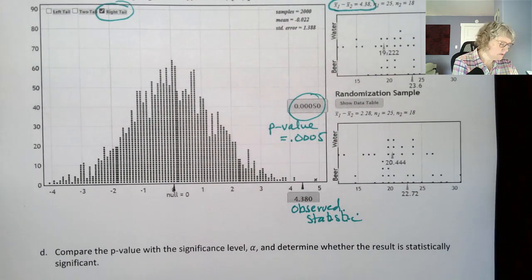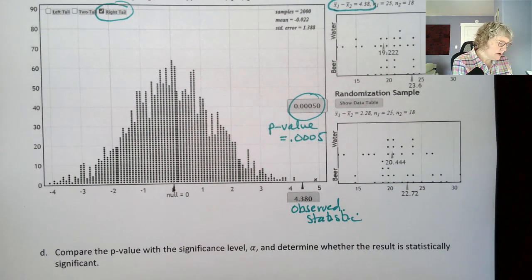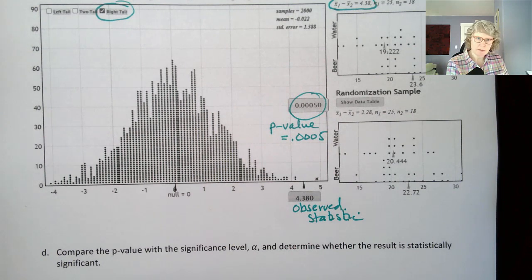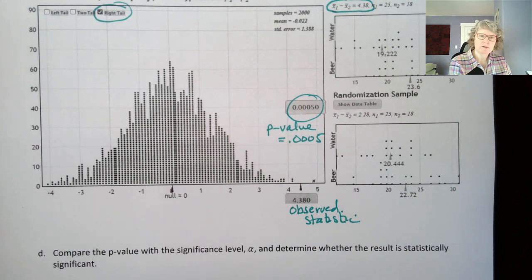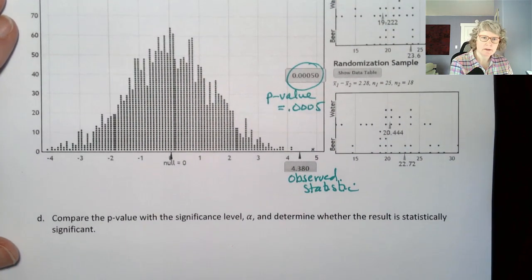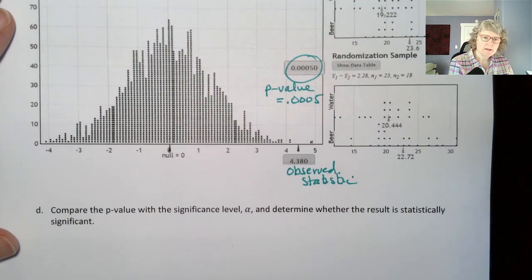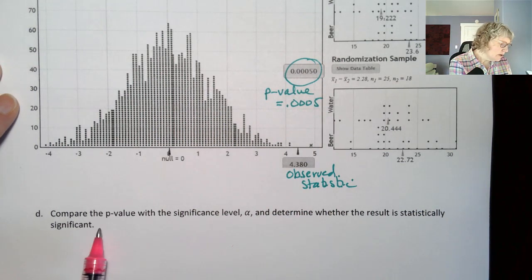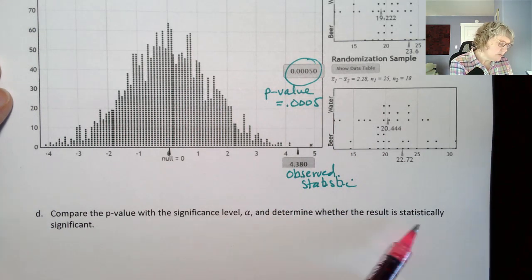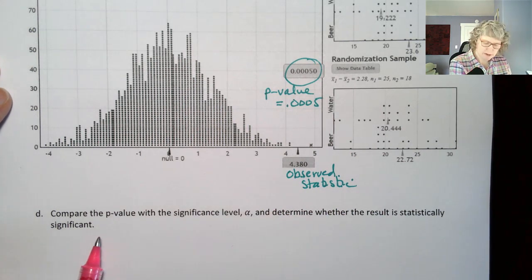Let's go ahead. We've done these. By the way, I copied this ABCDE, same steps that we were using before, and then eventually we'll take those training wheels away again. And how you interact with the app is slightly different, because if it's one parameter or two parameters, they're slightly different. Compare the p-value with the significance level alpha and determine whether the result is statistically significant.